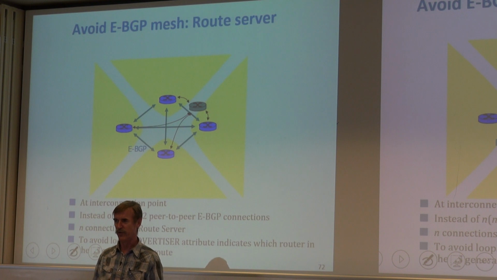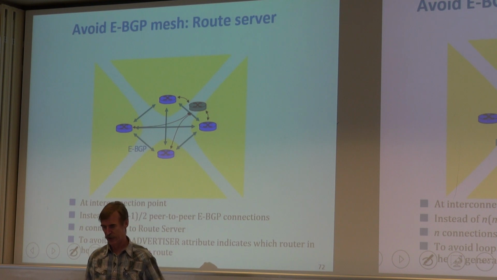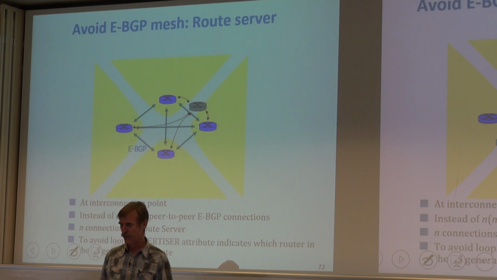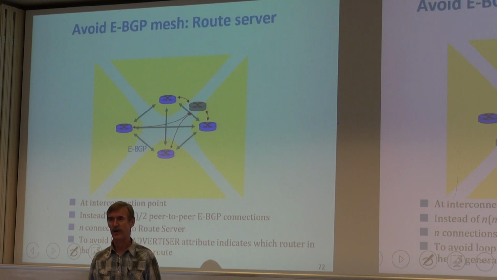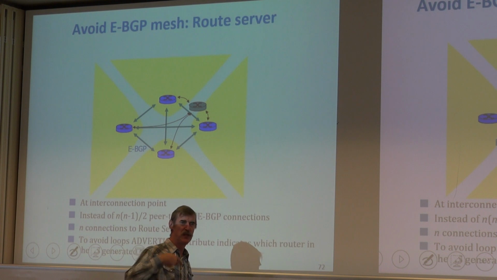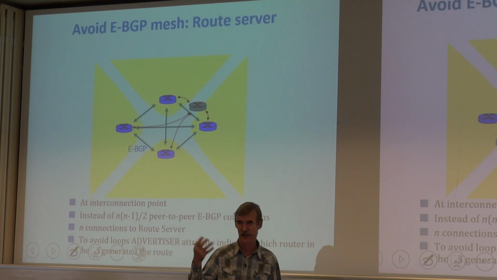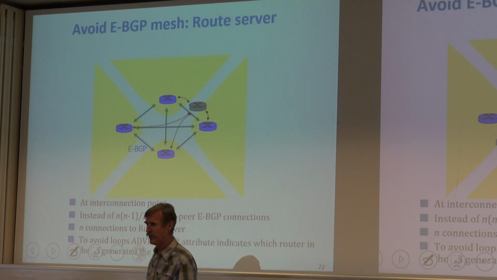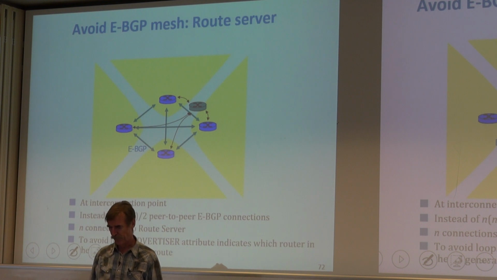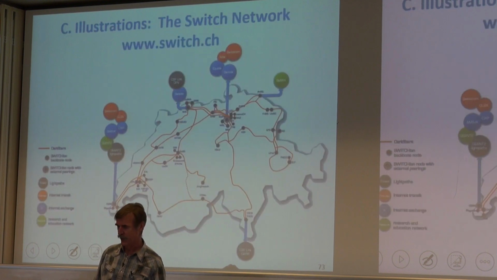So anybody connects to everyone. That makes a lot of connectivity everywhere. So you do a similar thing, which is called a route server, where instead of having everybody speak to everyone, everybody speaks to a mailbox in some sense, which is a variant of BGP that we won't see in detail here.